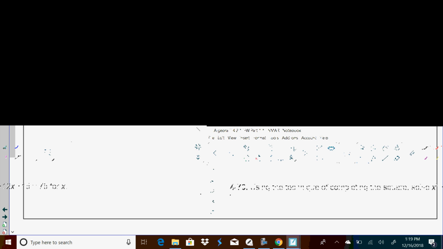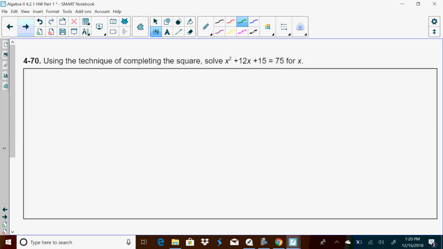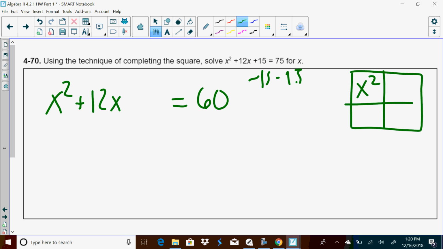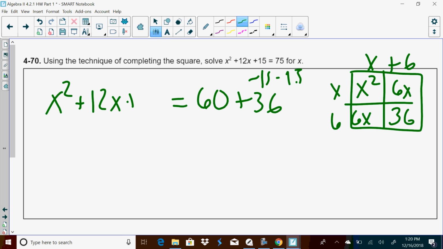This problem, using the technique of completing the square. Solve this problem. Let's subtract 15 from both sides. x squared equals 60. So I'm going to complete my square, adding 36 to both sides.